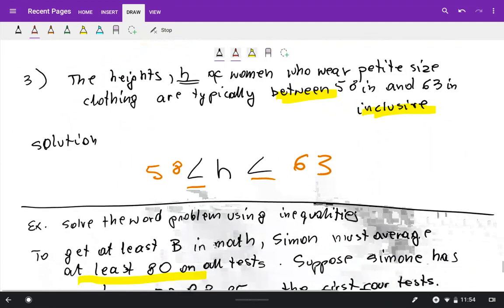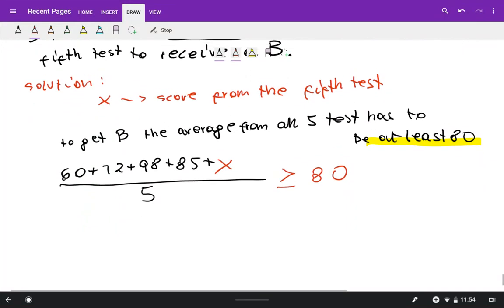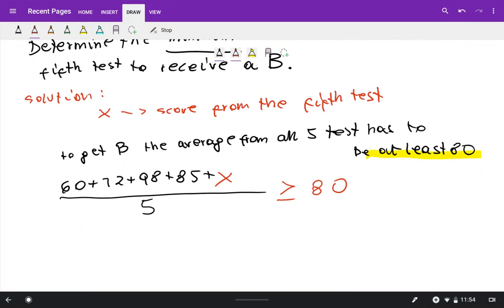And now we're just going to solve the inequality. What you want to do first here is multiply both sides by 5, so you don't have a fraction. Let's keep that in parentheses.